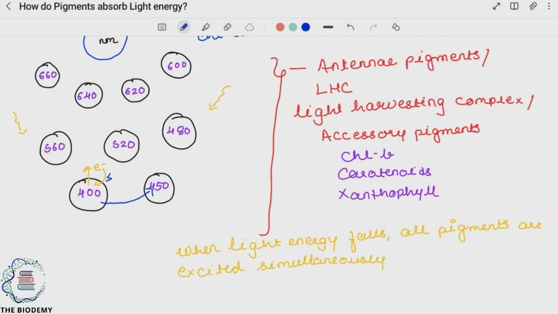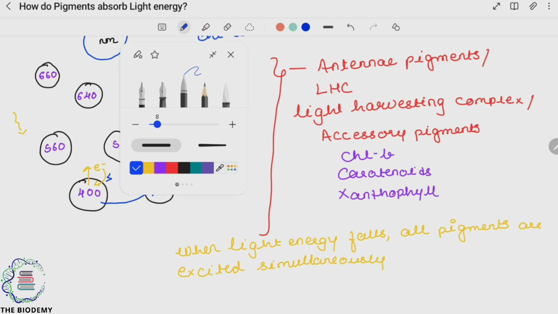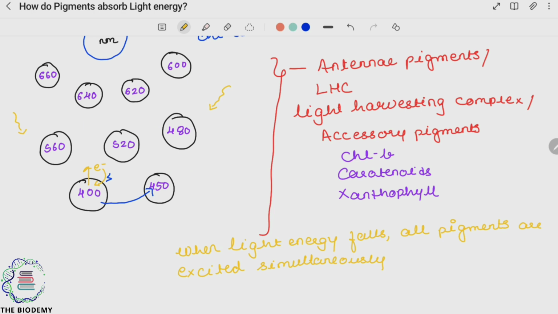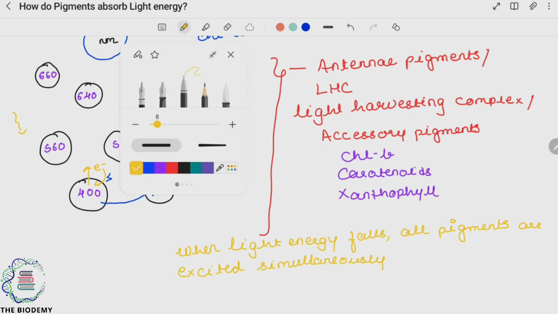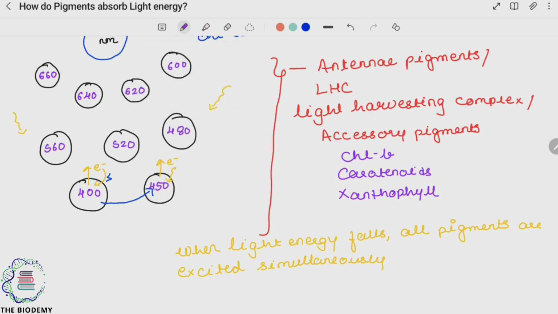Now the pigment with 450 nanometer absorbance got some energy from the pigment having lower wavelength, as well as it had also received its own energy and excited its electron. So both of these energies together will be transferred to a pigment with still lesser energy and higher wavelength.